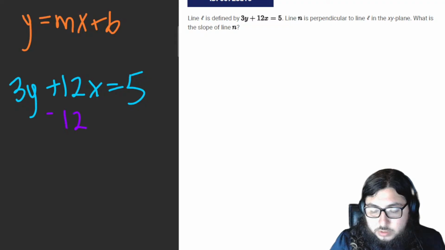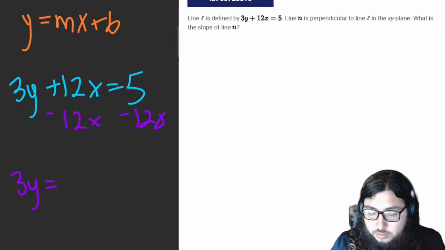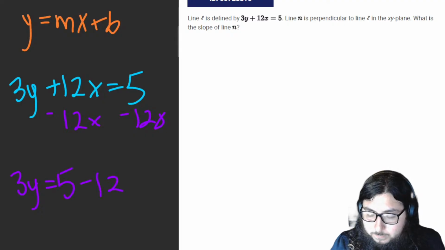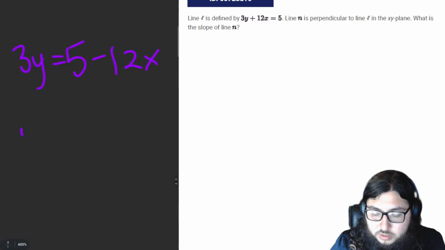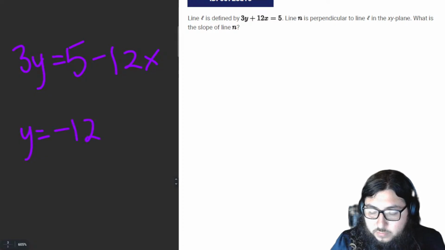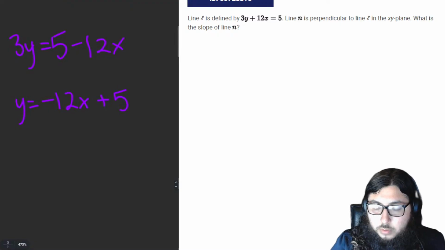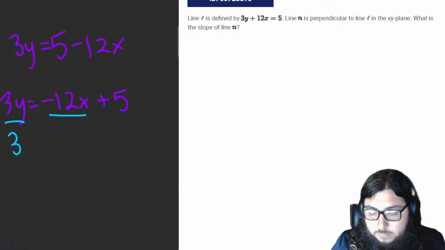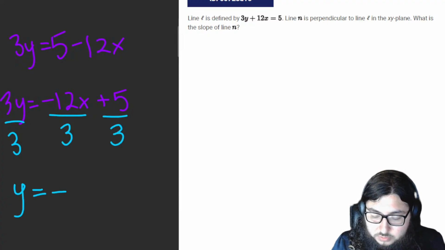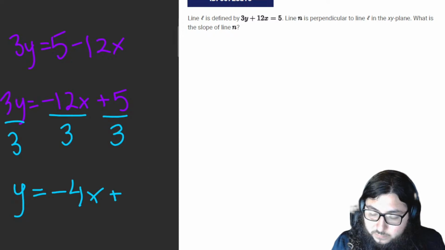So first, let's subtract 12x from both sides. You get 3y is equal to 5 minus 12x. Or we could rewrite that as 3y is equal to negative 12x plus 5. And then we want to divide by 3 on both sides. So we can divide everything by 3 to get that y is equal to negative 4x plus 5 over 3.